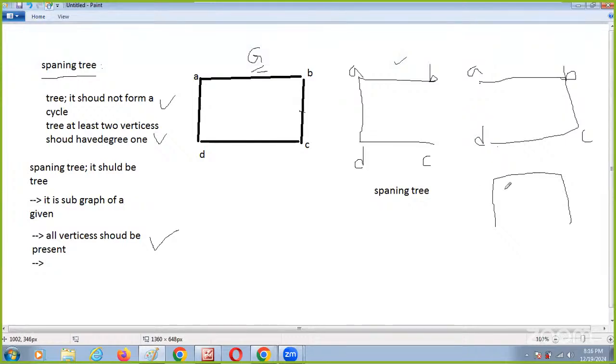This is one more possible spanning tree.